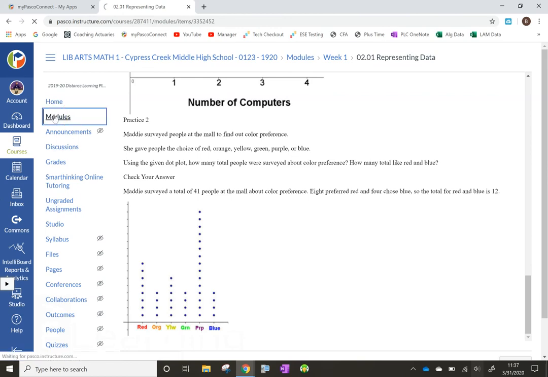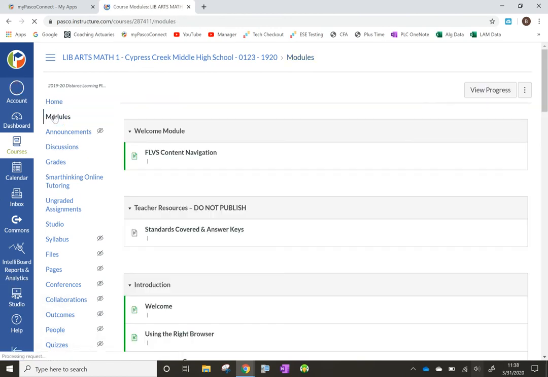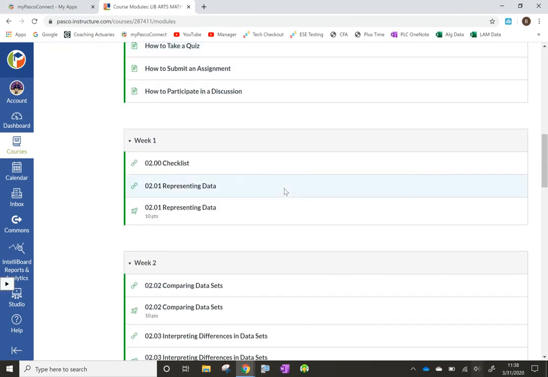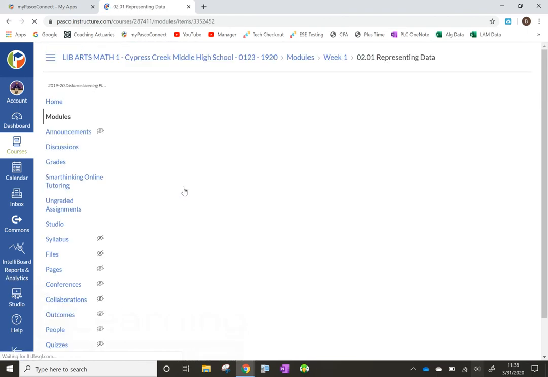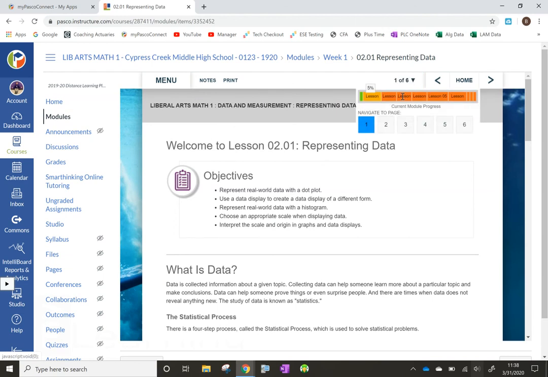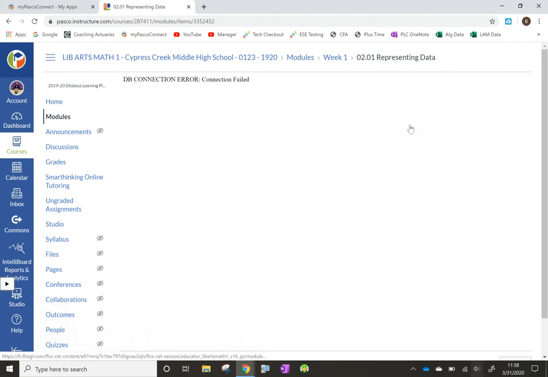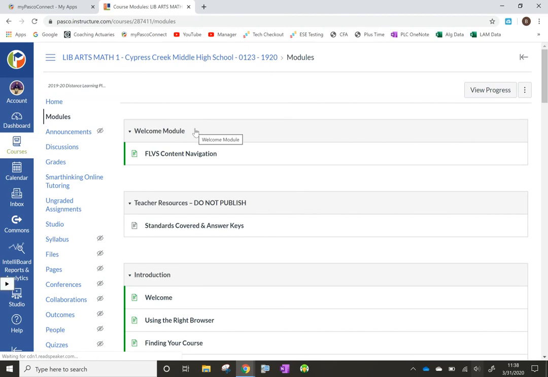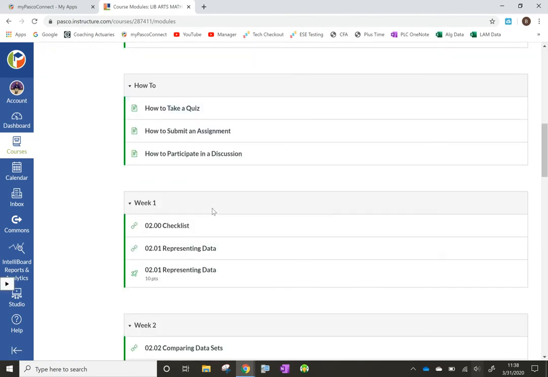Let me try and restart this. There is going to be some lag or some problems with the program at first. But let's go to page 3. It says connection failed. There definitely seem to be some issues this morning. Let me try one more time.